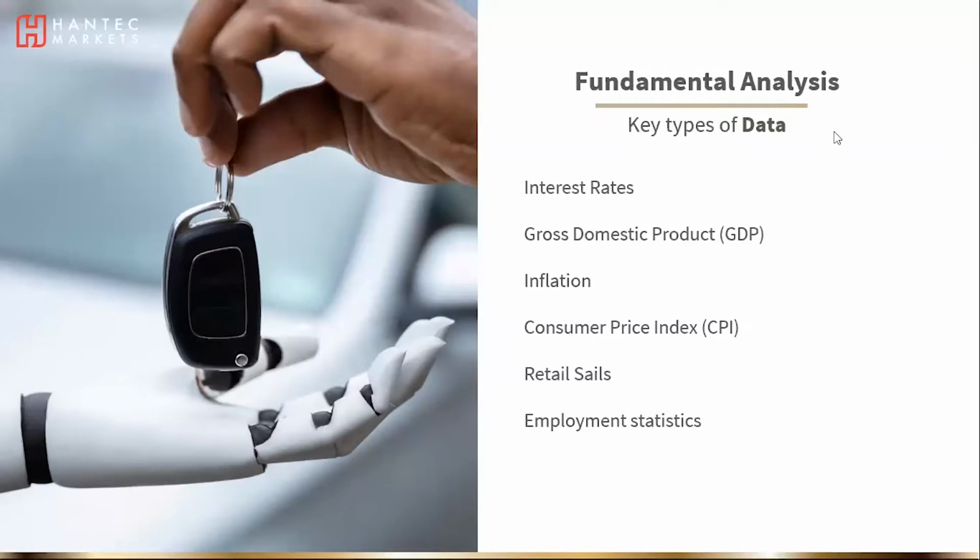These are the type of data that when you see that is being released, you should start thinking, okay, it may impact my trading. Okay. And I hope everybody here has pen and paper and is writing this down, because this is crucial information that will assist and improve your trading if you have an understanding of what these things are.